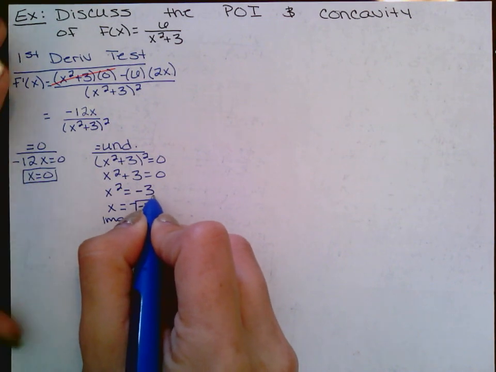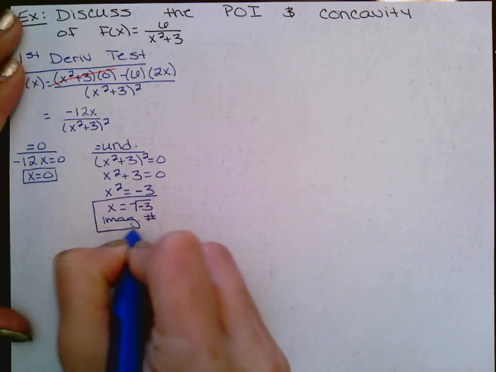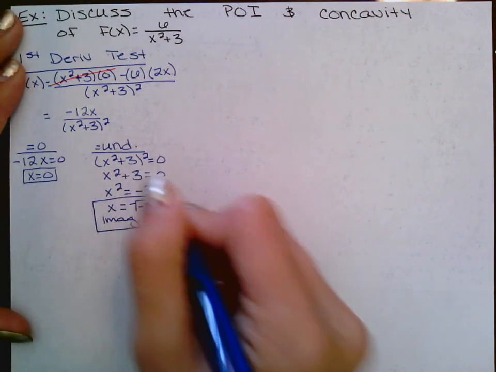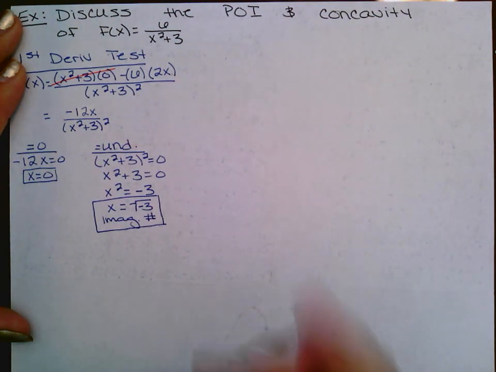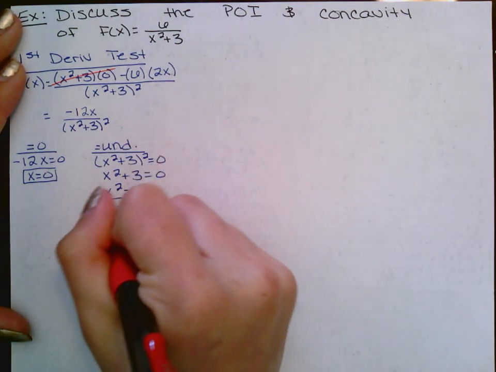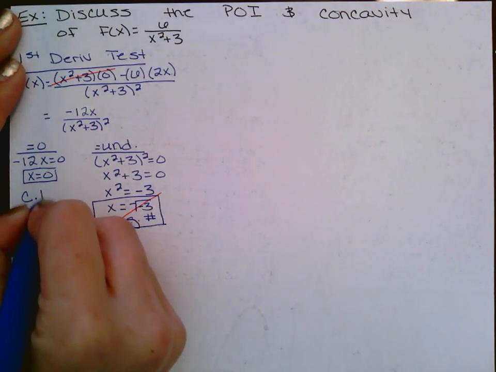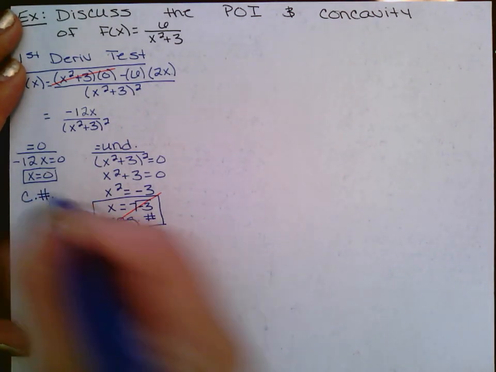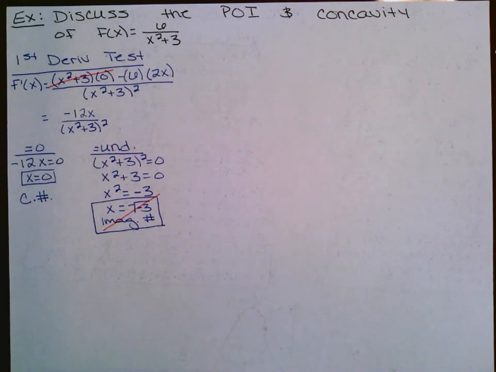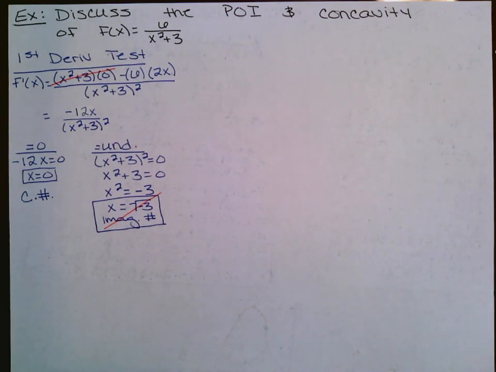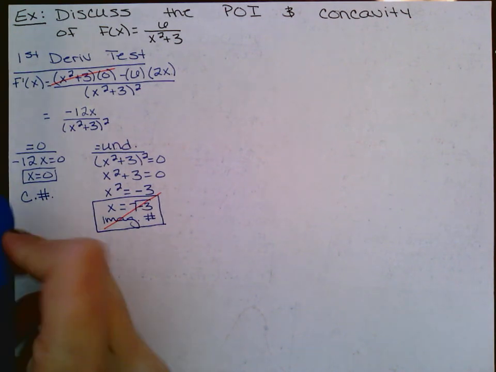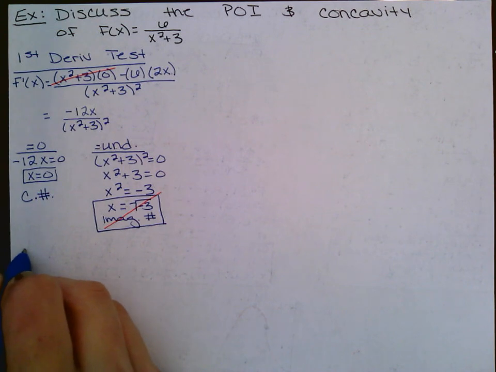Okay? So imaginary numbers do not exist on a real graph. Therefore, we will not use this one. And my only critical number is 0. Okay? When we're working with functions, we're only working with a real number system. So if you ever get an imaginary number, just know it doesn't count as one, okay? So now, my only critical number is 0. I'm going to put this on a number line.